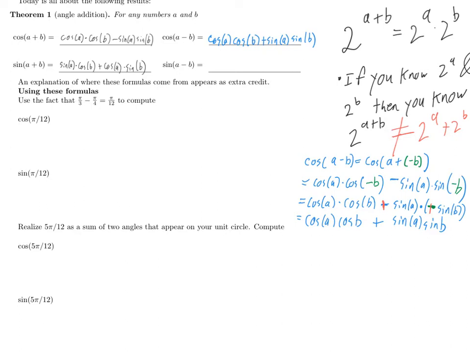You should take a moment, pause, and do the same algebra as happened right here. I'll write down what you get: sine a cosine b minus cosine a sine b.